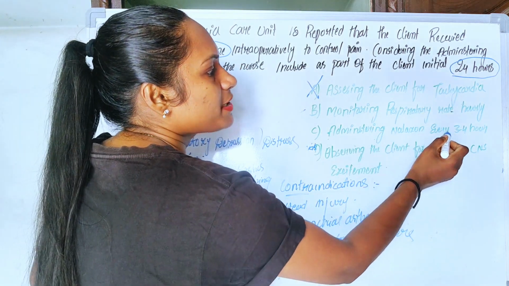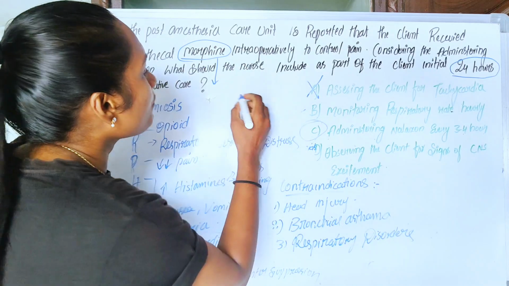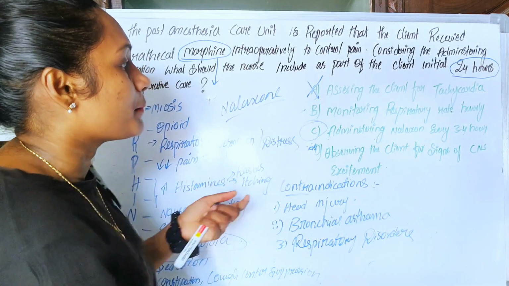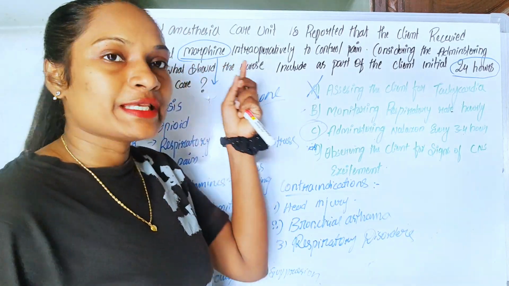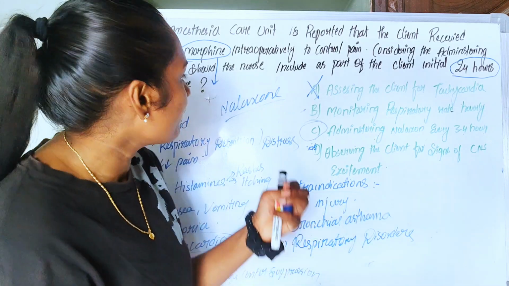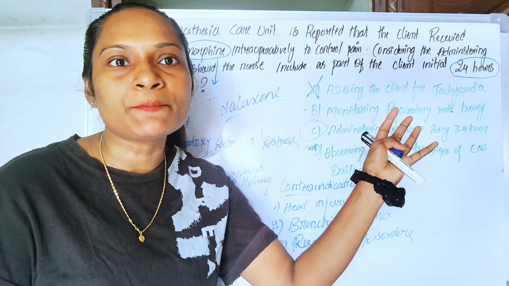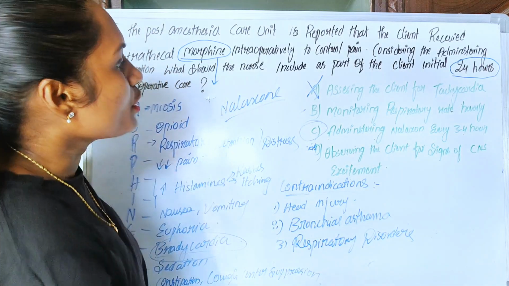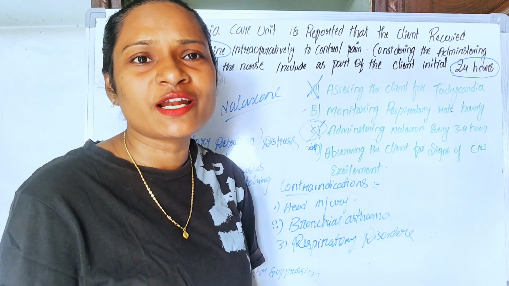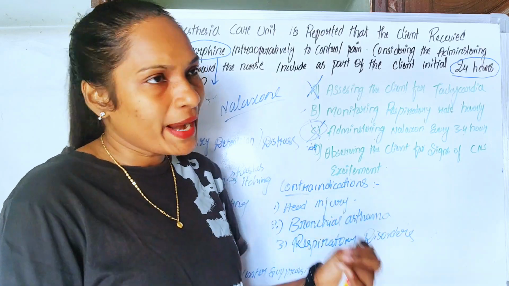Option C, administering naloxone every 3 to 4 hours. The antidote for morphine is naloxone, and if the patient got too much morphine, we will give naloxone. But here they didn't mention that the patient needs naloxone, so this option is wrong, and there's no need to give it every 3 to 4 hours, because we give the antidote only when the patient has a severe adverse reaction.